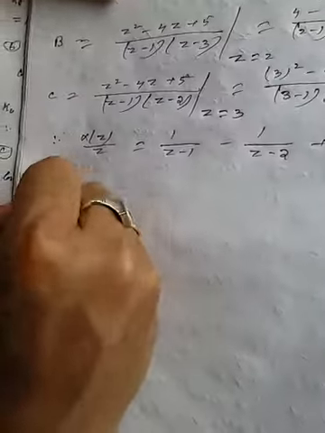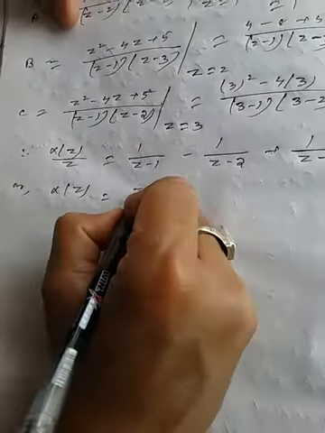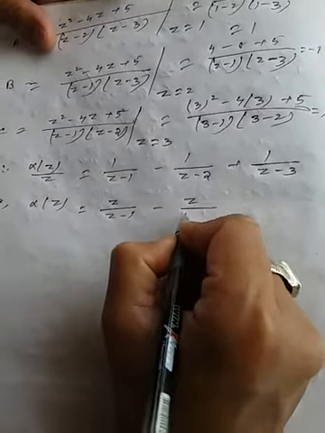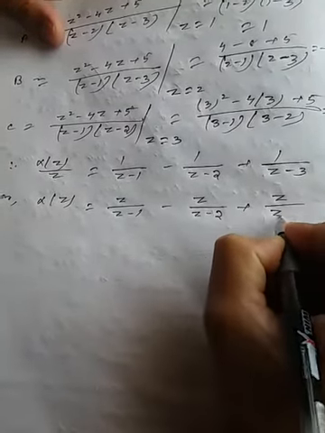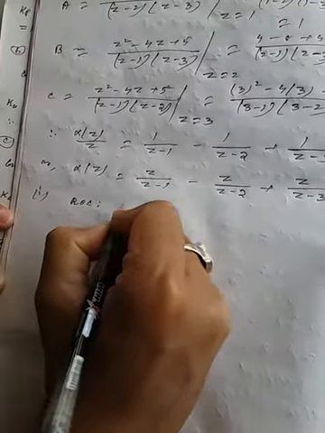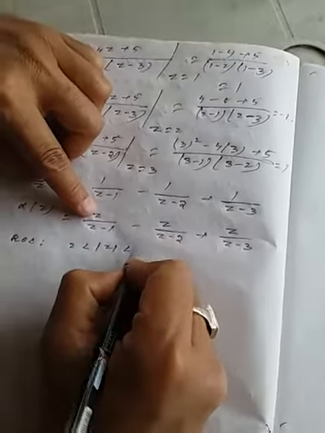So from here we can write X(z) will be equal to, if you multiply by z, z by z minus 1 minus z by z minus 2 plus z by z minus 3, right? Now in the first case ROC is 2 less than mod of z less than 3.